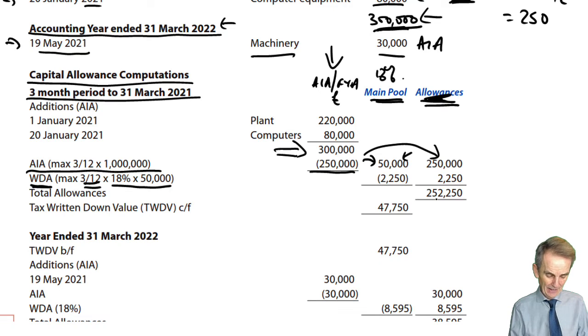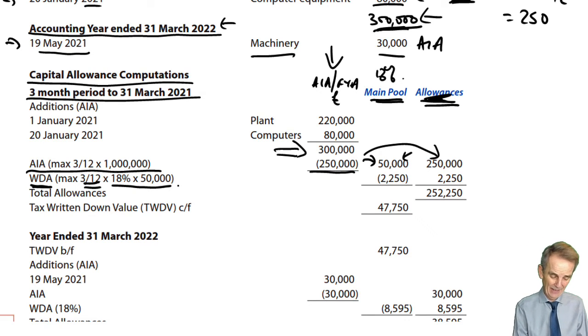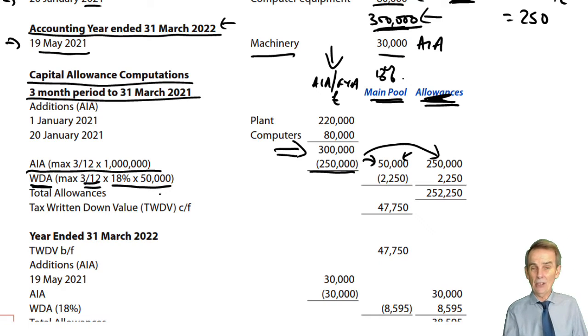So hopefully 3/12 of 18% of 50,000 there will be 2,250. 18% of 50 would be £9,000. 3/12 of 9 would be 2,250.